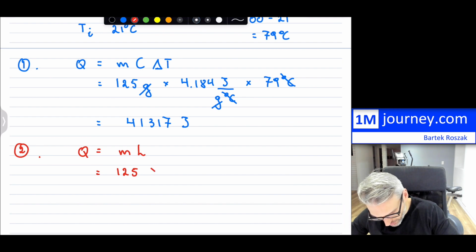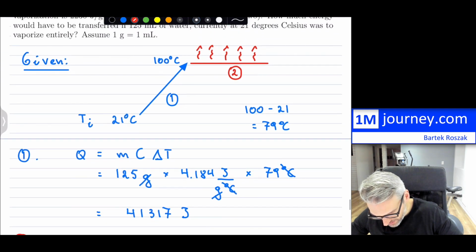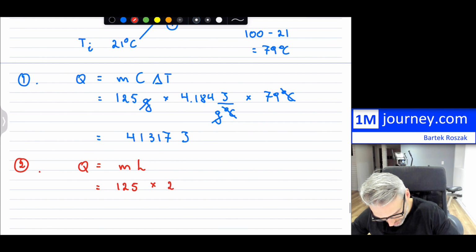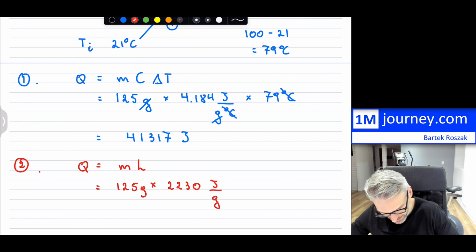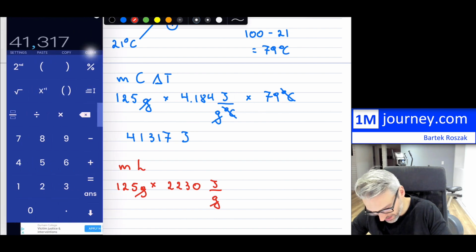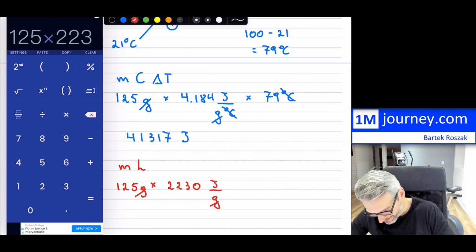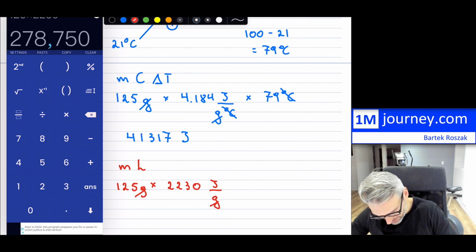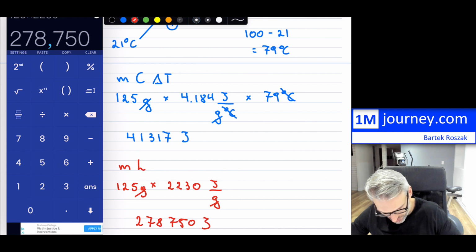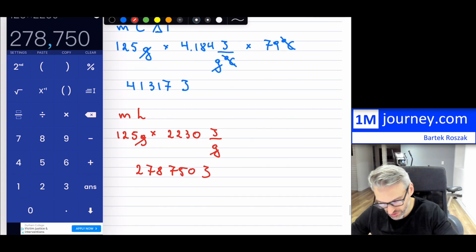So this is going to be multiplied by 2230. So this is grams, and this is joules per gram, so that will cancel. Then let's see what this will be. 125 times 2230. It's obviously going to be way more, and indeed that's the case. 278750 joules.